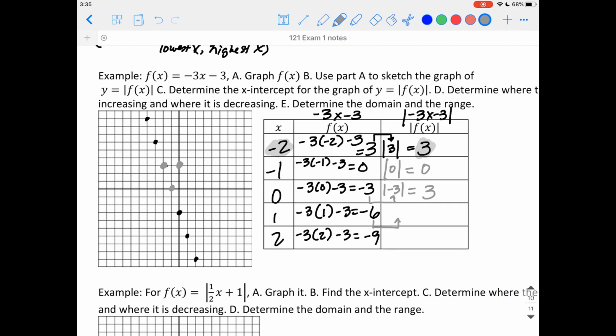Instead of negative 6, it's the absolute value of negative 6, which is positive 6. So this is 1, 6. And instead of negative 9, it's the absolute value of negative 9, which is 9. So our graph for the absolute value of negative 3x minus 3 is this graph right here.